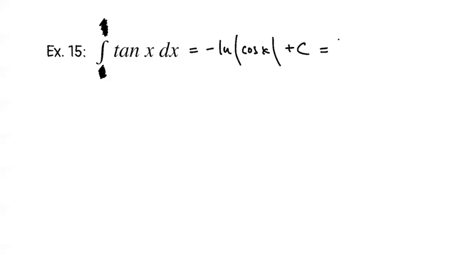There it is. Natural log of secant of x plus c. Now, how could an integral be two different things? Well, turns out these are one and the same, okay?